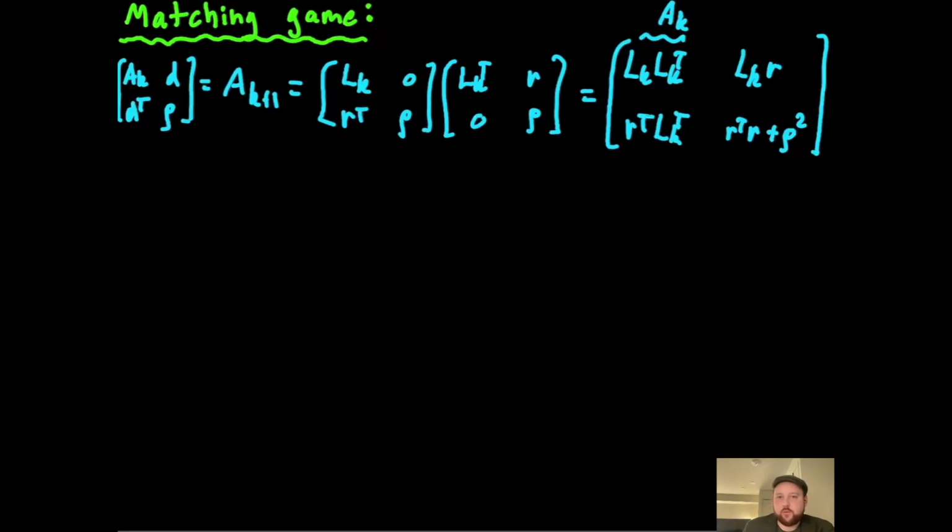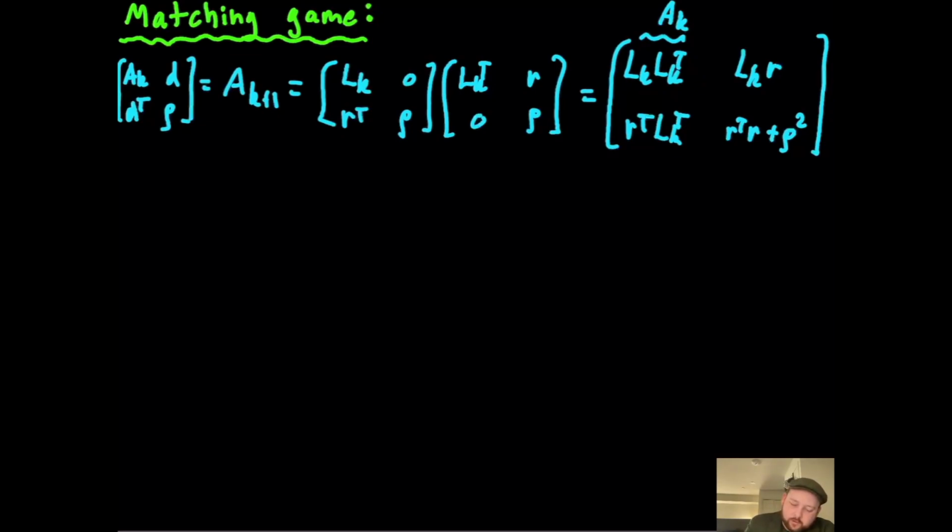So if such an R and such a rho existed, you'd have to have an entry-wise equality between these two matrices. What would have to be satisfied? We're already taken care of for the LK LK transpose and the AK, so the upper left one's already fine. But we're going to get two more equalities out of this.